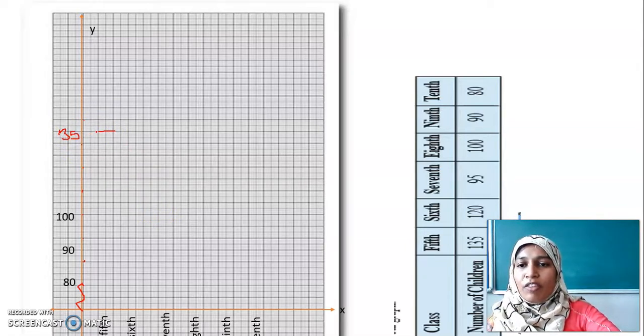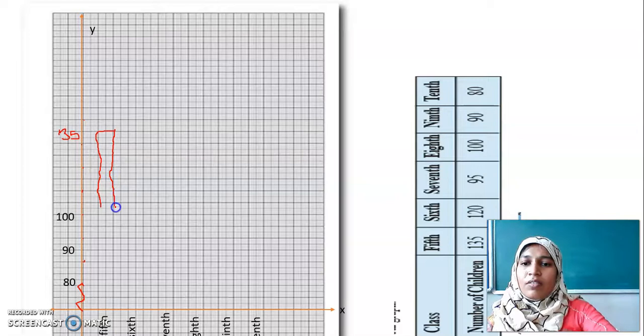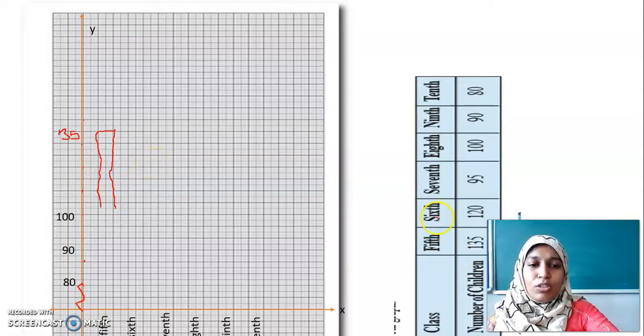Now draw vertical lines using your scale and pencil. It should be neat, my dear children. Now coming over to 6th standard, you should extend up to last here. Okay. Then coming to 6th standard, what is the strength of class 6? 120.